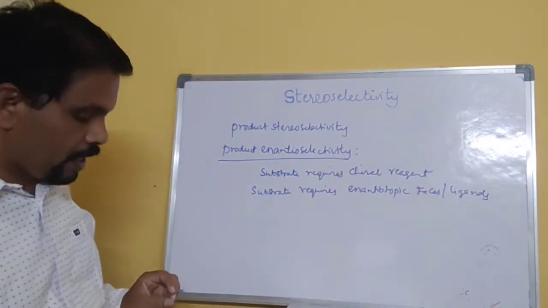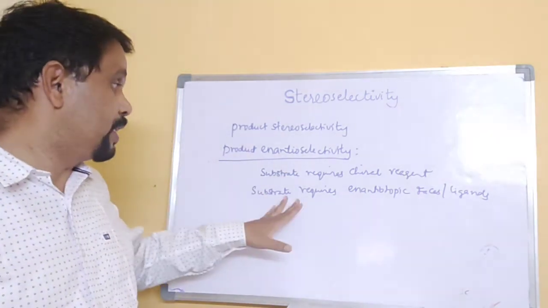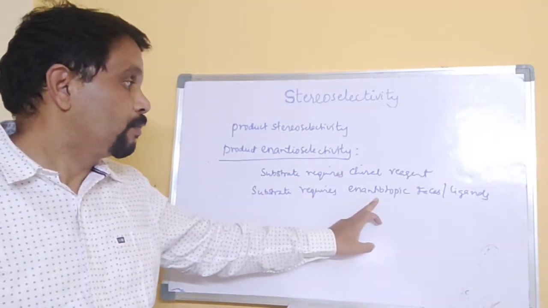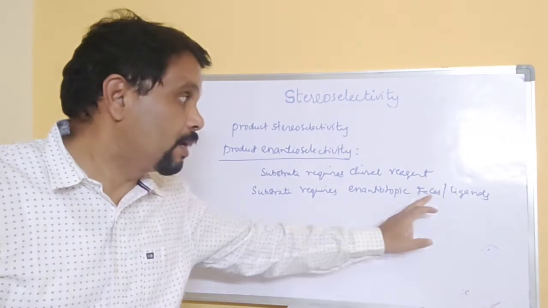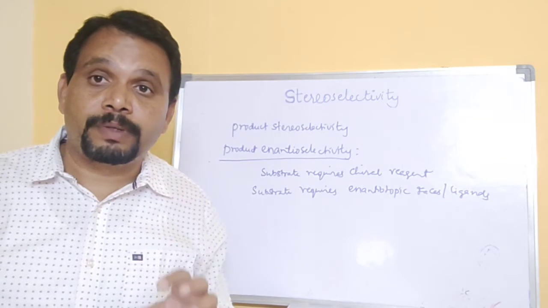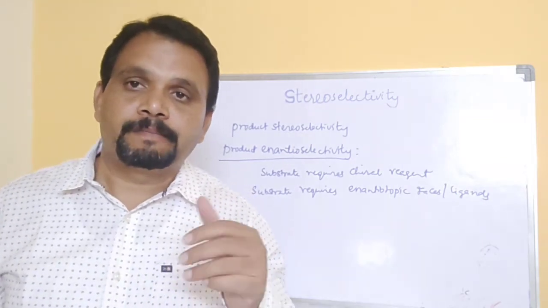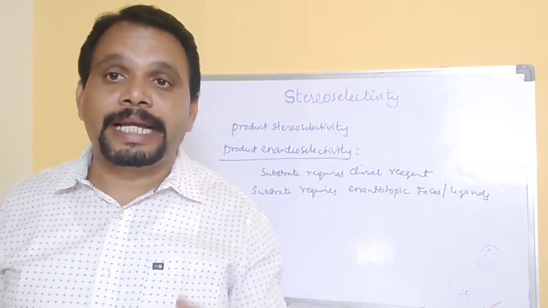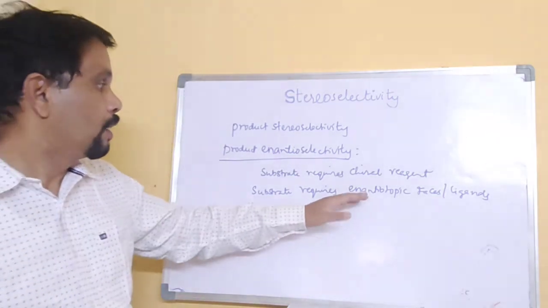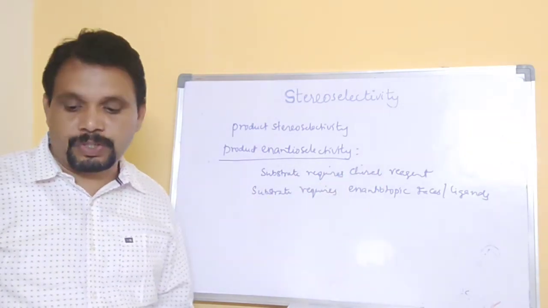If you want a product enantiomer selective reaction, there must be enantiotopic faces or ligands in the substrate. You know about enantiotopic ligands or faces; in my previous classes I have already explained that. And also it requires a chiral reagent.